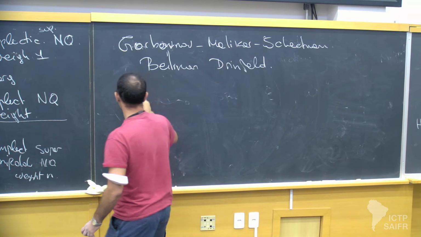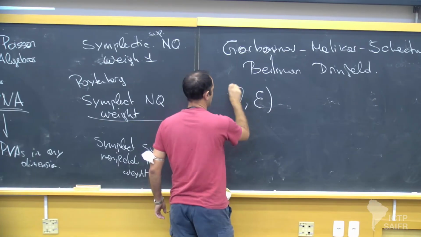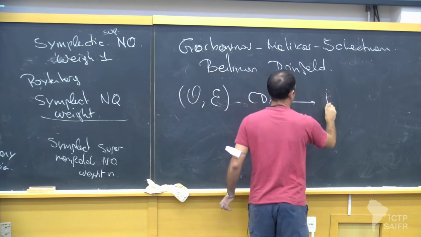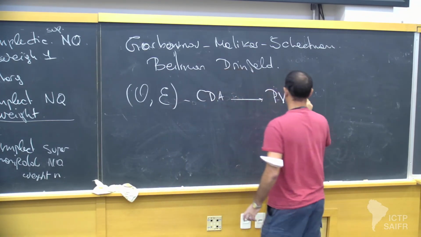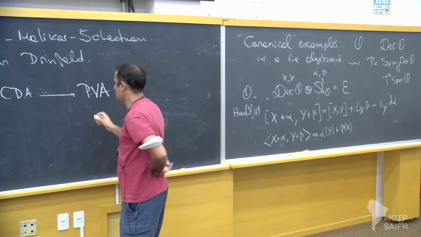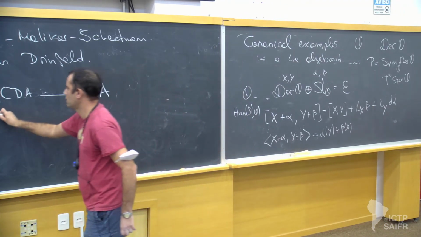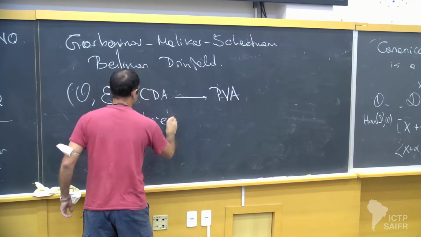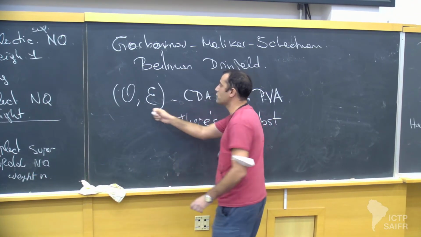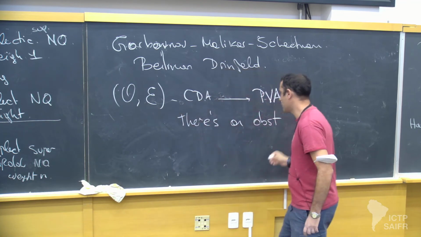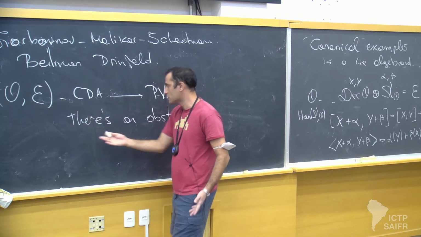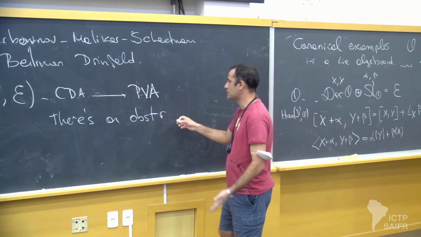So if you start with a Courant-Dorfman algebra, you construct the Poisson vertex algebra associated to that, then there's an obstruction, which is a topological obstruction on this pair. It's a characteristic class of this pair that you compute, and if it's non-zero, then this doesn't exist.